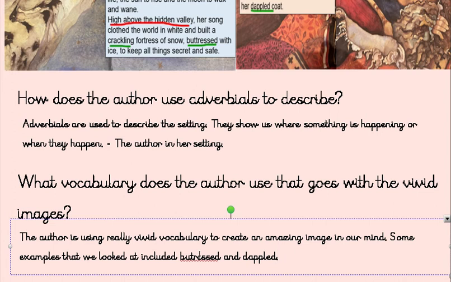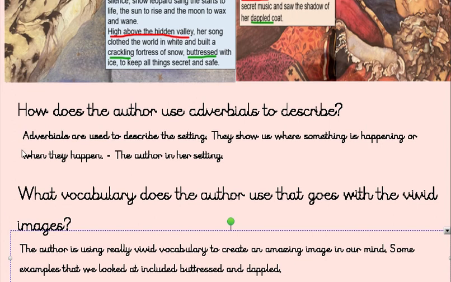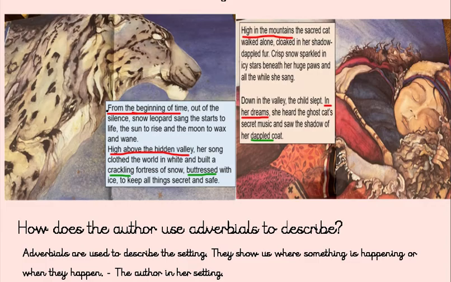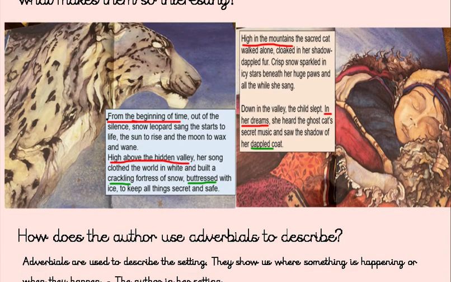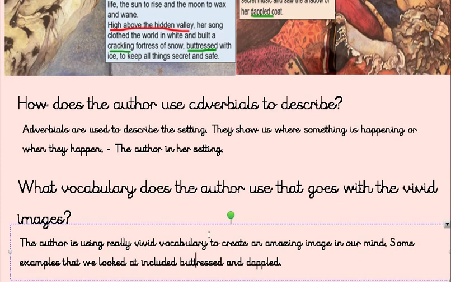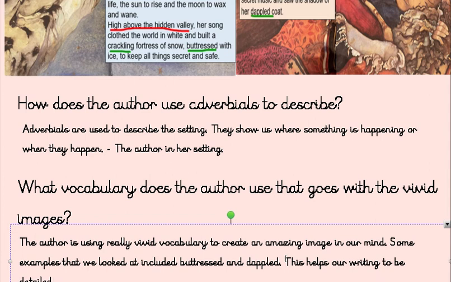So we can use really vivid vocabulary to help explain what we're trying to say, and also when we do this, that description helps our writing to be more detailed. So it creates that amazing image, and it helps our writing to be detailed.